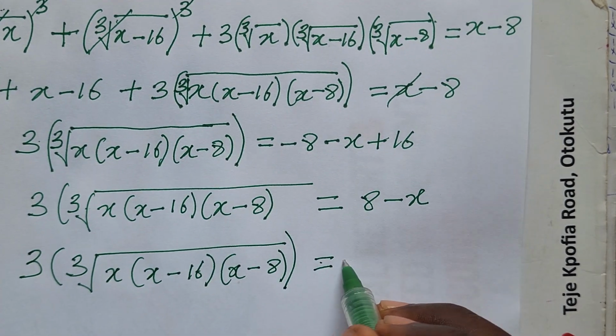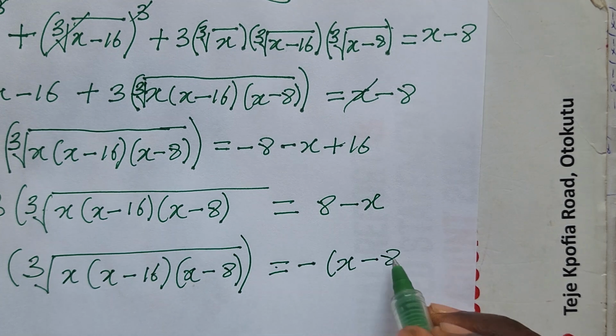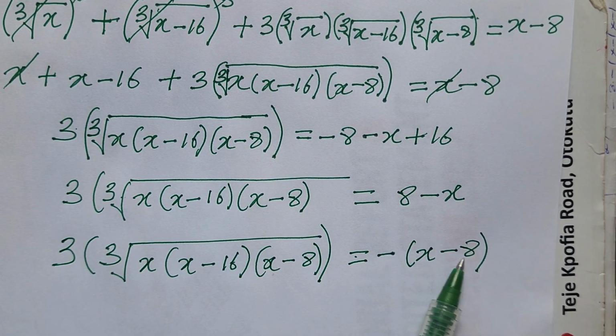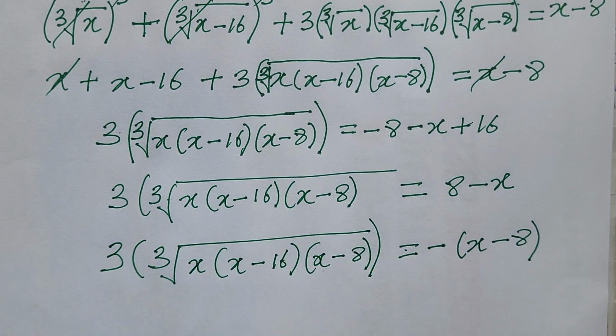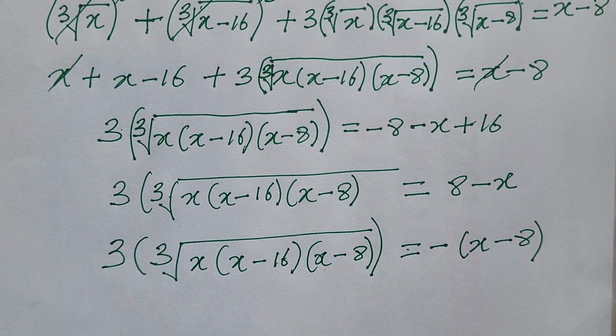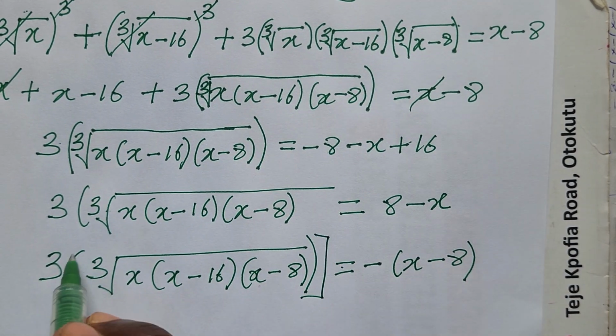This is equal to minus bracket x minus 8. If we use this to open this, it will give us minus x plus 8. Okay, that has not really changed anything. But we have to eliminate this radical, which is this cube root. So we cube both sides of the equation. Okay, so let's cube this side.